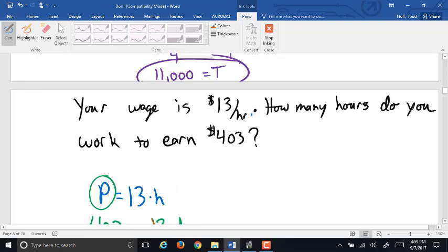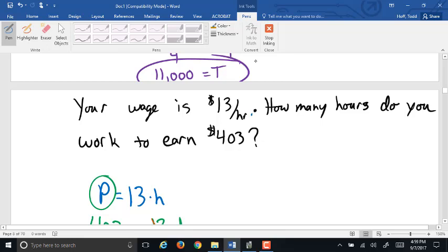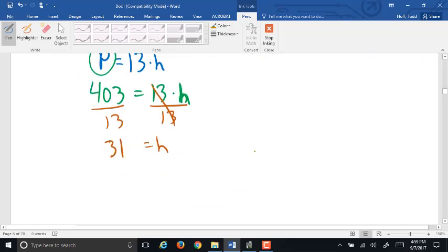So that's 31 hours. We need to make sure we go back and answer the question. On all of these word problems, that's one of the most important steps, is going back and making sure what you have done answers the question. The question is, how many hours do you have to work to earn $403? Yeah, 31 is the answer, 31 hours.